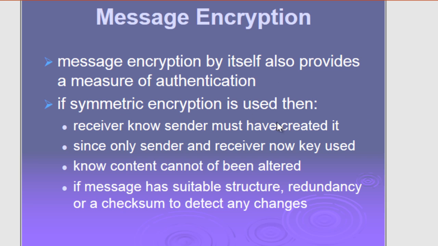So if you use symmetric encryption, the sender knows, the receiver knows the sender must have created it. The receiver confirms that this message is created by the sender only, because only the sender knows that key. And the content cannot have been altered, because no other person knows the key, so no one can alter that message.